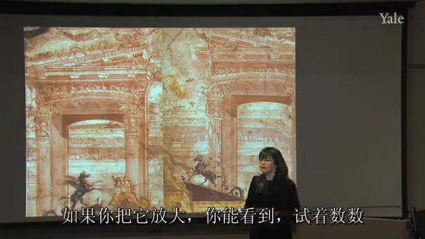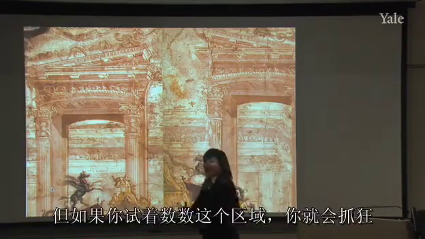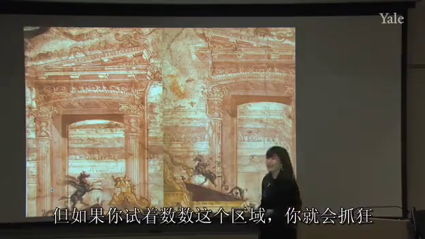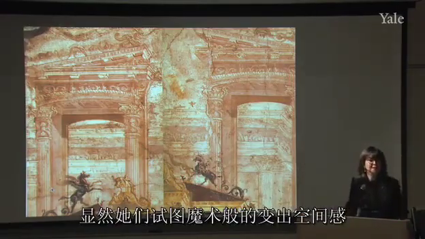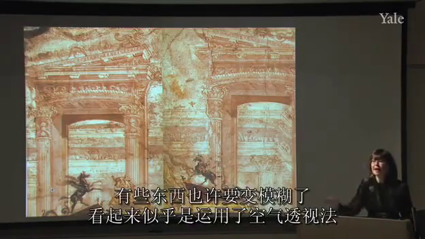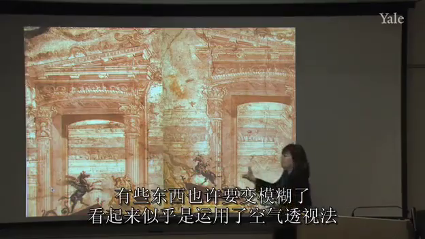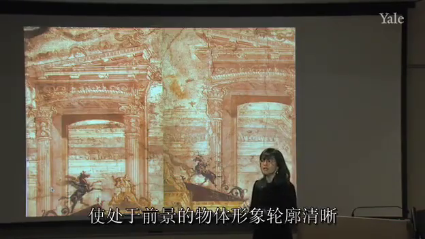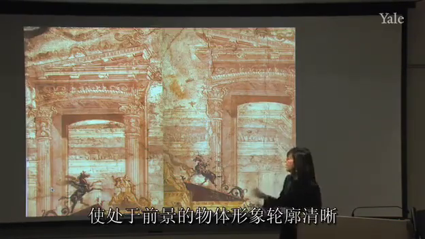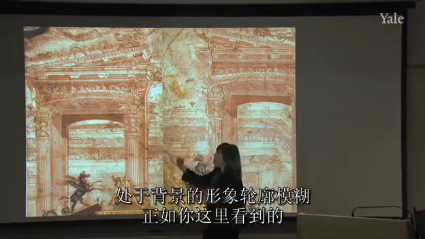If you blow it up, and try to count the zones of space here, you'd go berserk. Clearly they are trying to conjure up space, something that perhaps recedes, but it seems to be done by means of atmospheric perspective, where the objects in the foreground are represented with the firmest outlines, and those in the background with the fuzziest outlines, as you can see here.